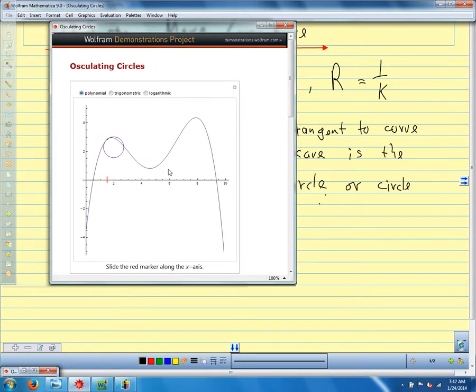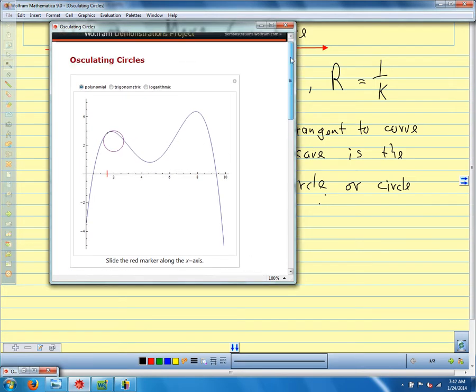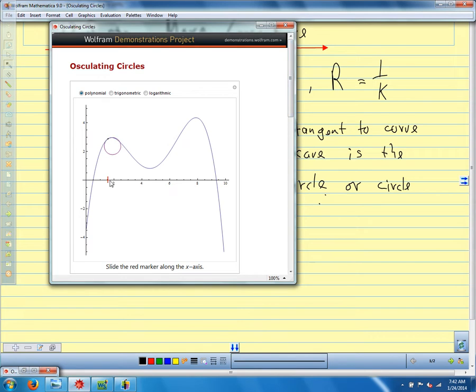Osculating circles. So here we have a polynomial function. Here's our circle of curvature, tangent to the curve at a particular point. And we can see as we travel along the curve how the curvature changes. As the curve flattens out, our curvature becomes smaller.